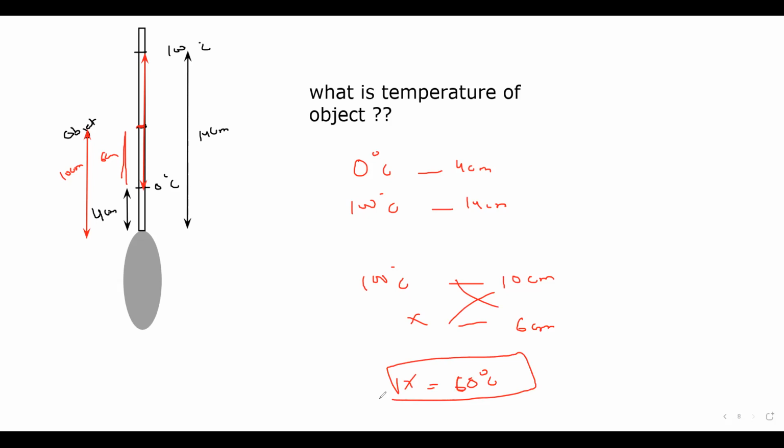So if the level of the object is above the 0, it means it will be more than 0. And if it is below the 0, it will be less than 0. Is this concept of liquid in a glass thermometer clear?